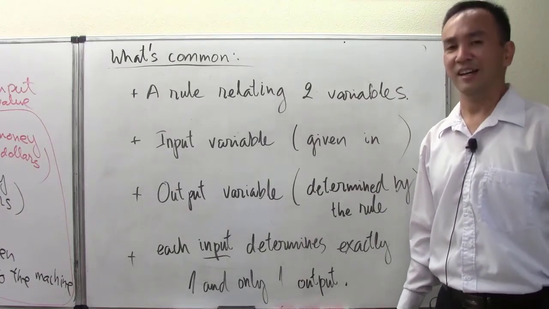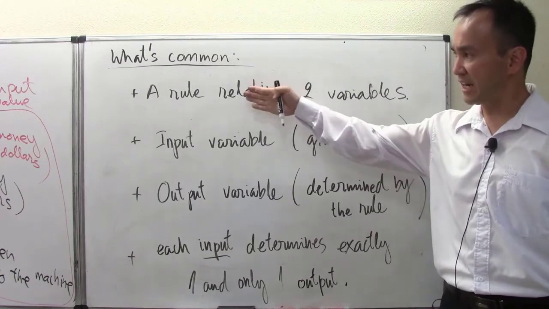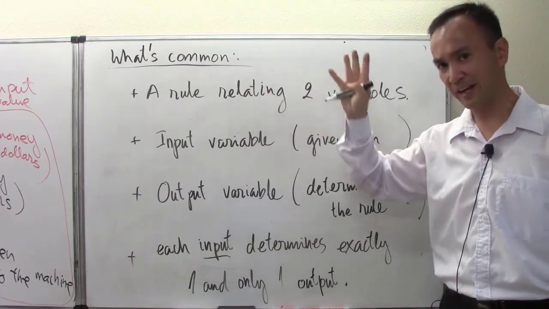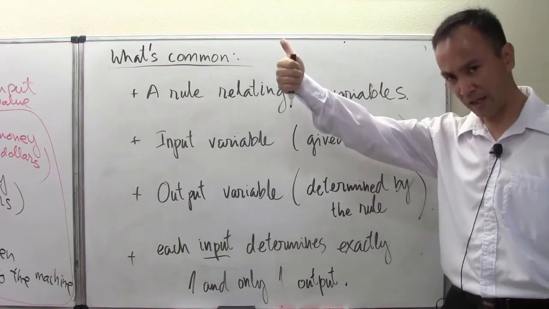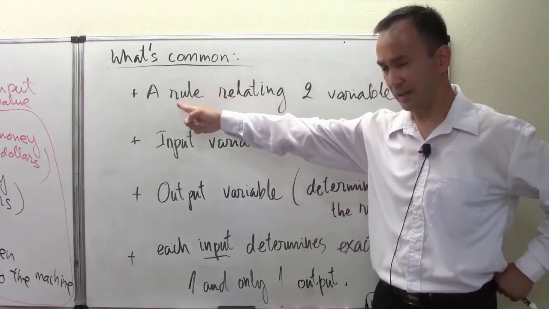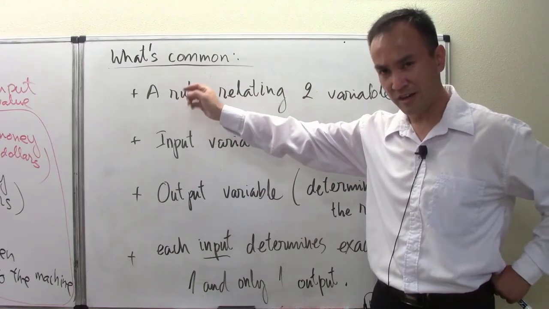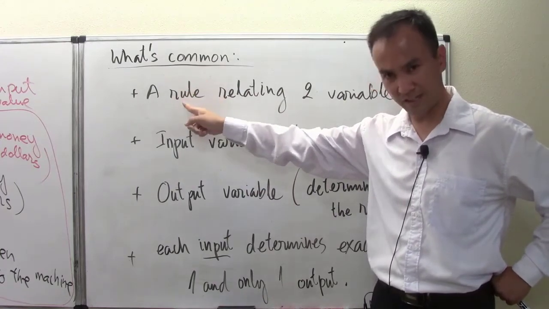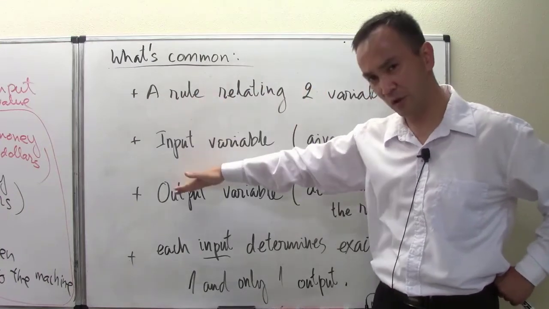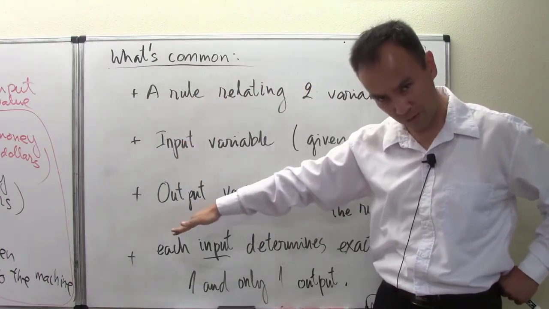All right. So now, at the end here, we actually have 4 fundamental characteristics. The number one, the most primary characteristic, is a rule relating two variables, the input variable and the output variable. That's easy to know.